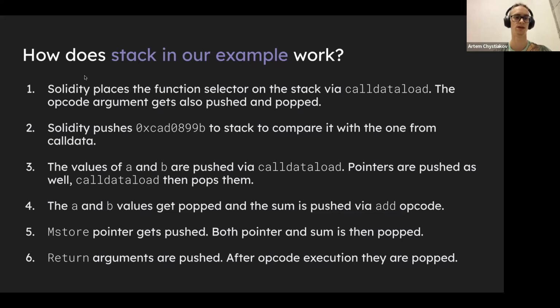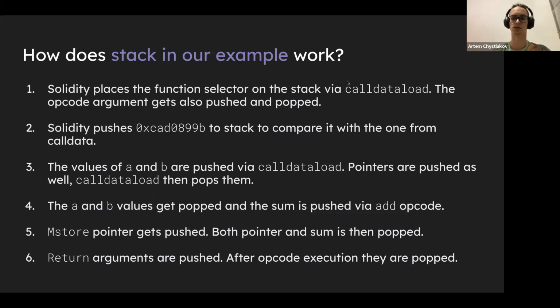So number one, Solidity places the function selector on the stack via calldataload. The opcode arguments are also pushed and popped. What I mean here is that the arguments that the calldataload opcode takes are first pushed to the stack.